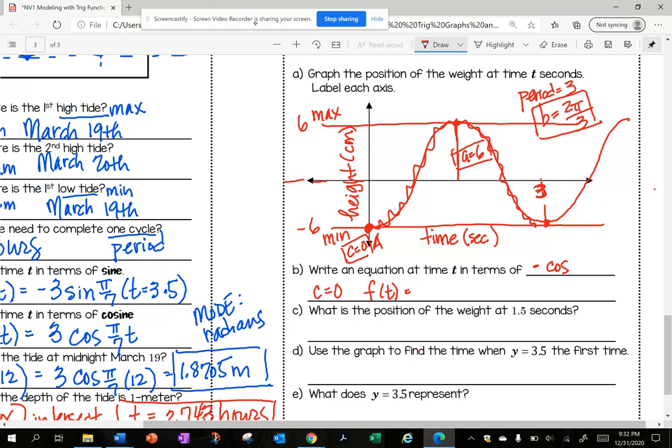And the middle of my wave is the x-axis, so y equals 0, so my d value equals 0. So substituting into my equation, I'm doing a minus cosine curve. So minus 6 cosine 2 pi over 3 times t, because c and d are both 0.